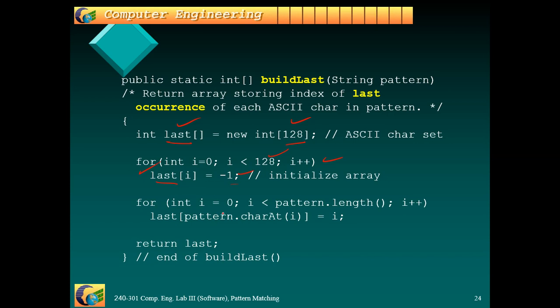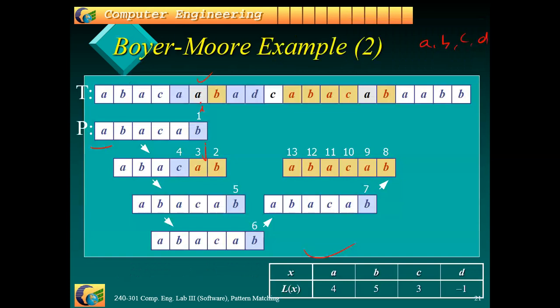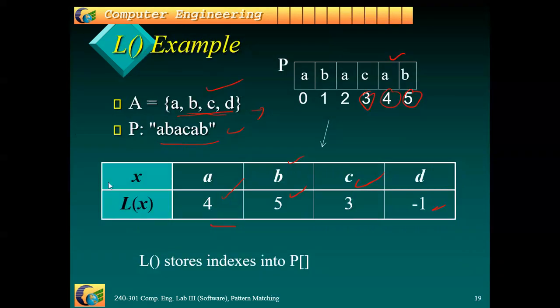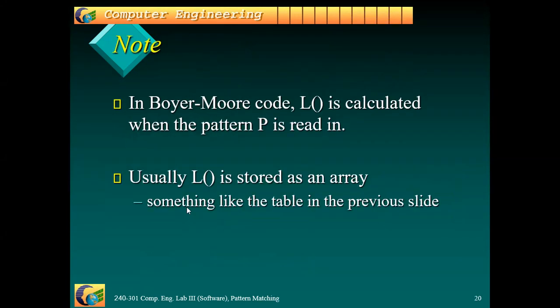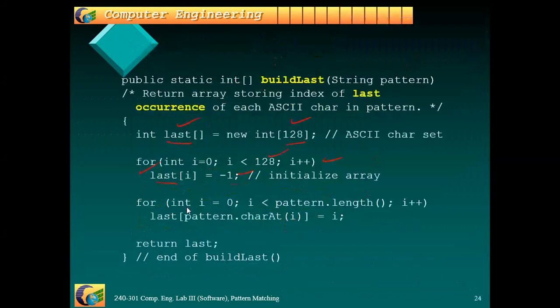But your alphabet set does not carry the entire ASCII set. As per the example I have taken here, there are only four characters: A, B, C, D is your alphabet set. So only for those you need to calculate. That is what you are doing here, passing the pattern characters as an index to this last array.